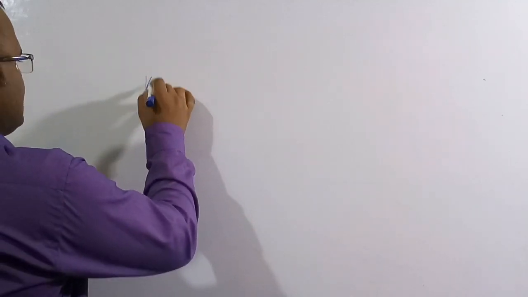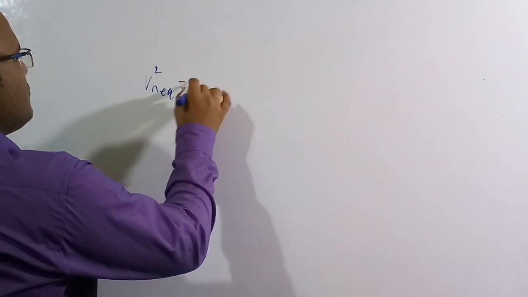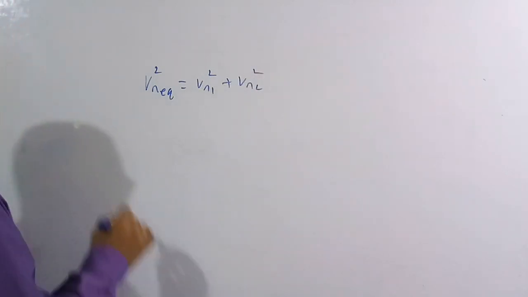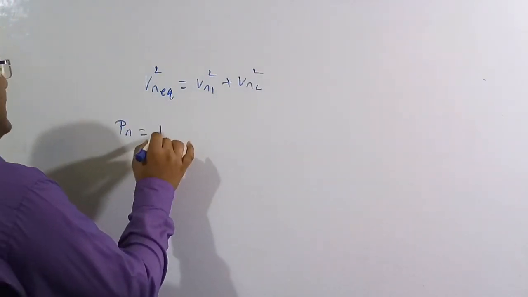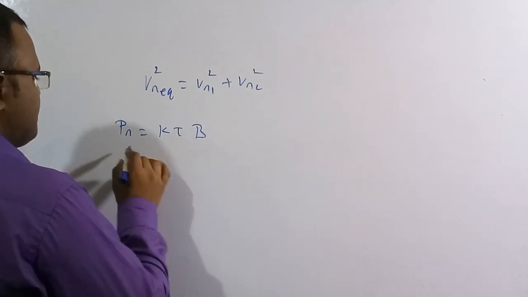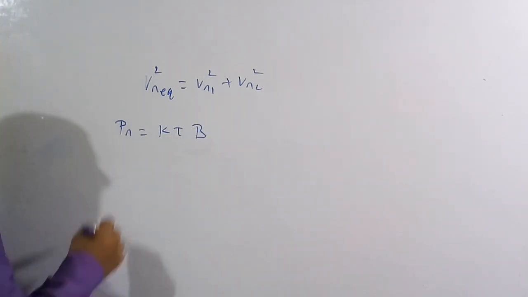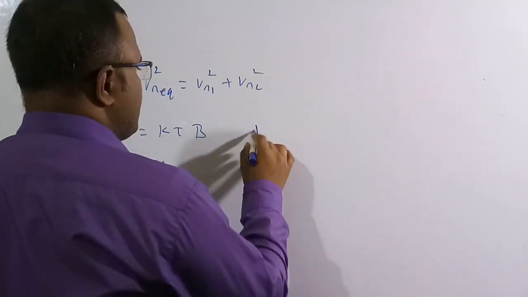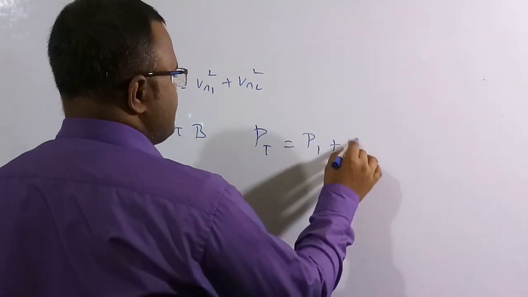In the previous case, you may be confused why I used Vn equivalent square is equal to Vn1 square plus Vn2 square. Because the noise power is equal to KTB. Generally, power is equal to V square by R, and the total power is the summation of each individual power.